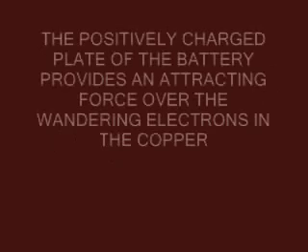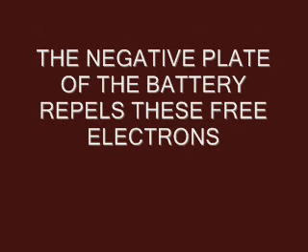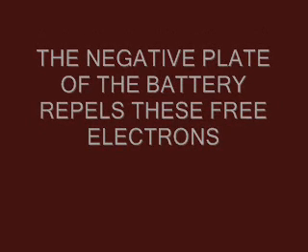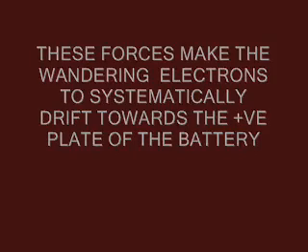Since like charges repel and unlike charges attract, the positively charged plate of the battery provides an attracting force over the wandering electrons, and the negative plate repels these electrons.